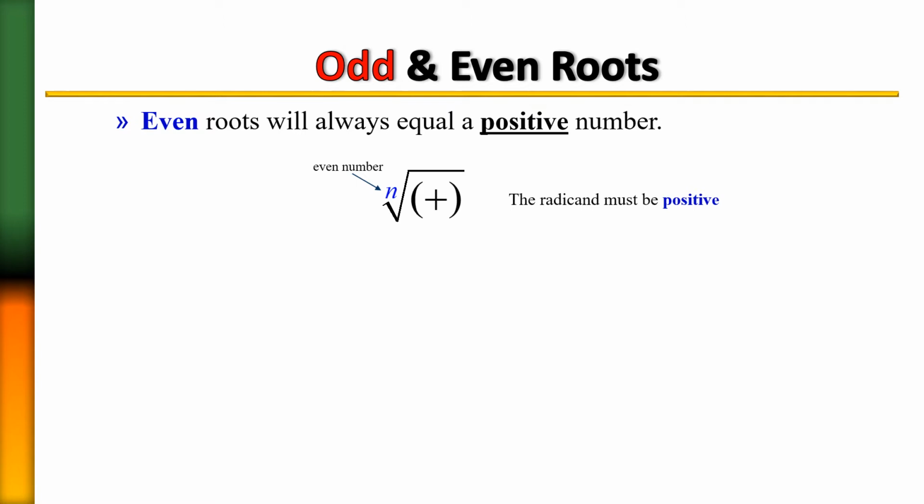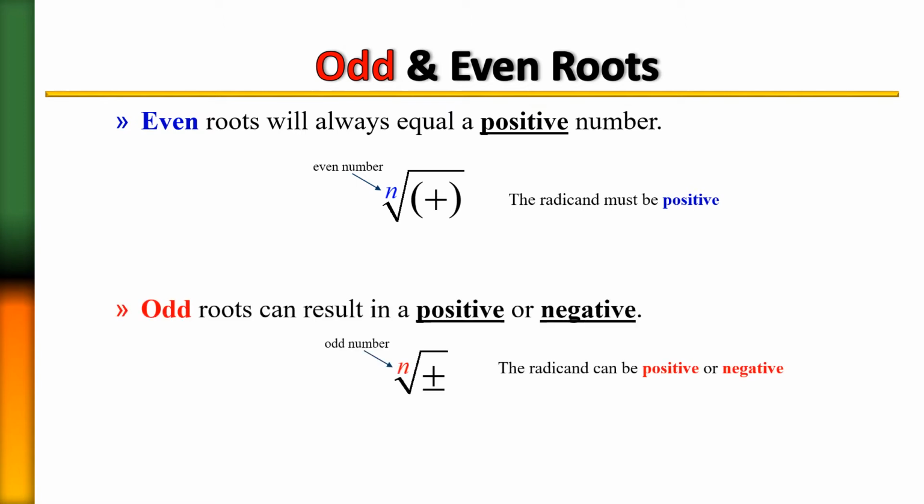Now, what if the index, the little tiny number on the outside, is an odd number? If it's an odd number, then it's called an odd root. For odd roots, the rule is that it is perfectly okay for the radicand to be positive or negative.